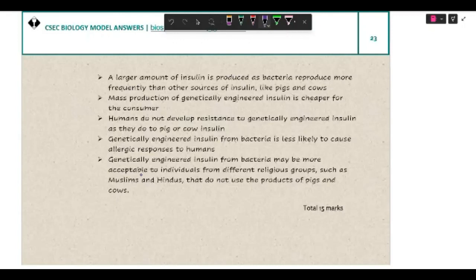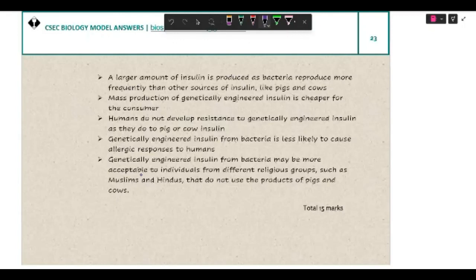And the other part, which people don't really think about as much, is that if someone is Hindu or Muslim, they may have a problem with accessing insulin that's made in other ways. Why? Because it comes from pigs and cows. So that makes the genetically engineered insulin maybe more acceptable.